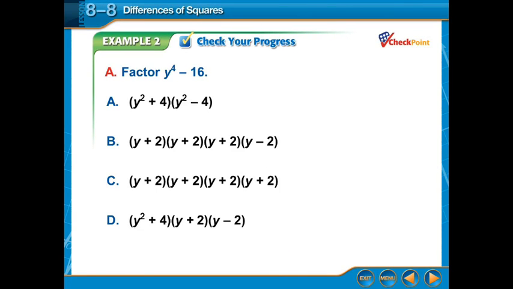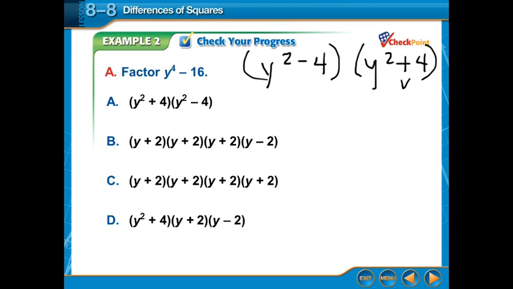Alright, here you have factor y to the 4th minus 16. The square root of y to the 4th is y squared. The square root of 16 is 4. So I'm going to factor this into y squared minus 4 and y squared plus 4.